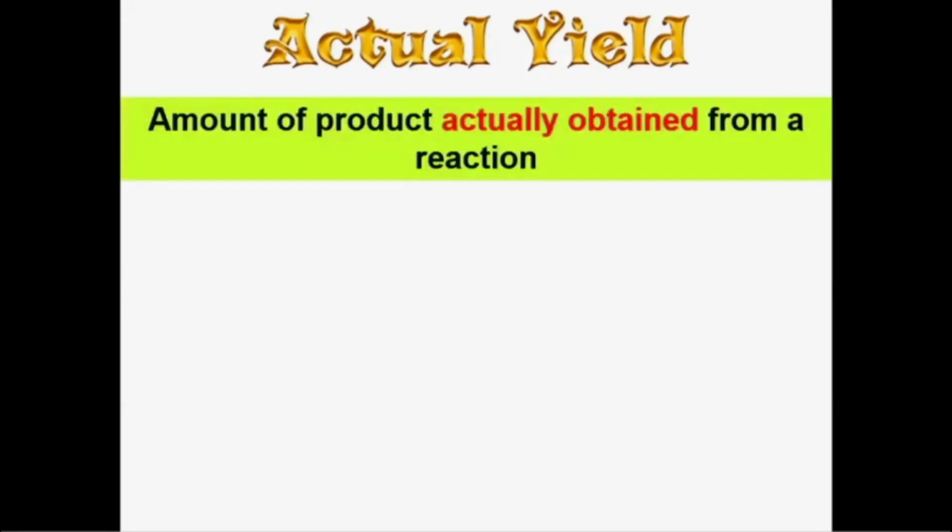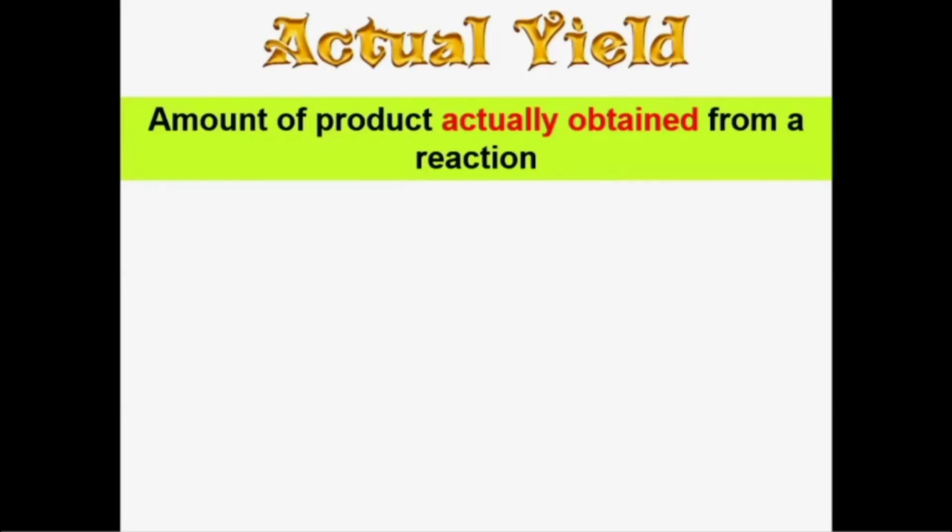Right. So next is the actual yield or hasil sebenar. Just now was theoretical yield, hasil theory, and this time is actual yield, hasil sebenar. So what is actual yield? Actual yield is defined as the amount of product actually obtained from a reaction.